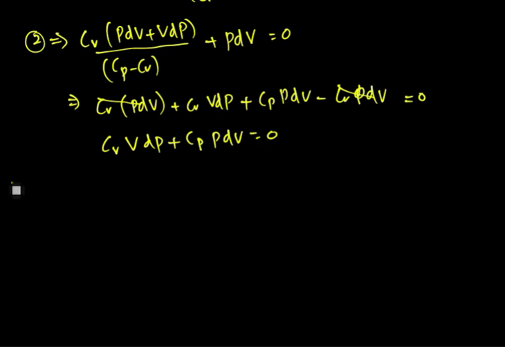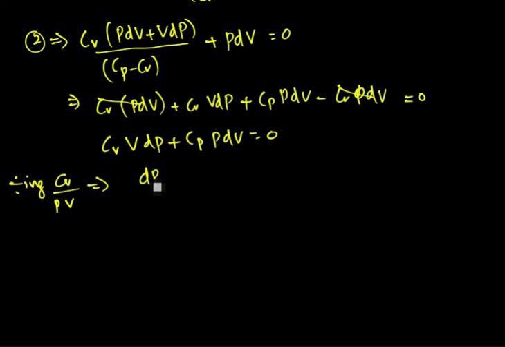Now divide this equation by Cv into P into V. Then the first term, Cv into V dP divided by Cv P V, the Cv and V will cancel.